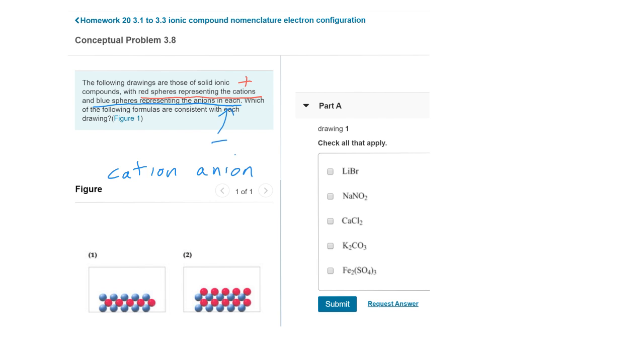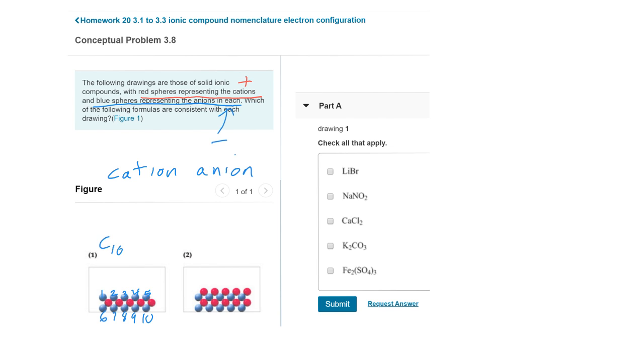So if we come up here and we count, let's count our blue spheres in picture 1 first. 1, 2, 3, 4, 5, 1, 2, 3, 4, 5, 6, 7, 8, 9, 10. So we've got cation 10. Then let's do the same for our anion.